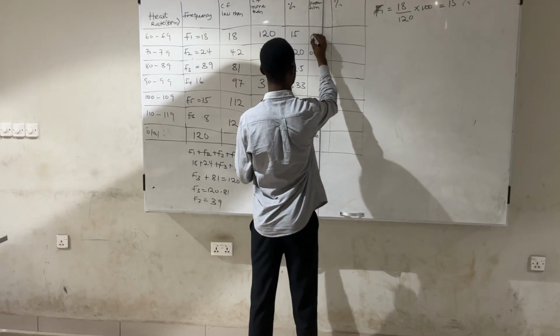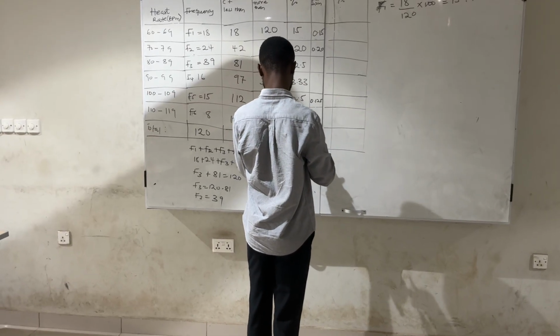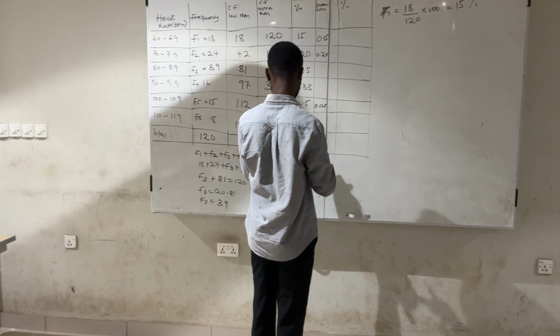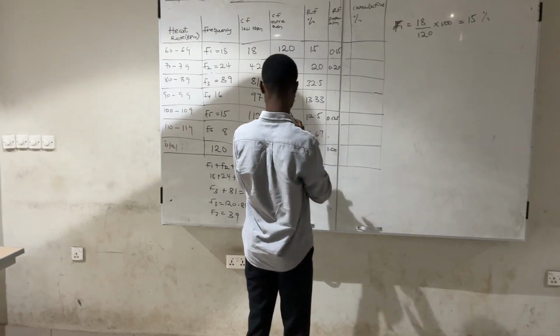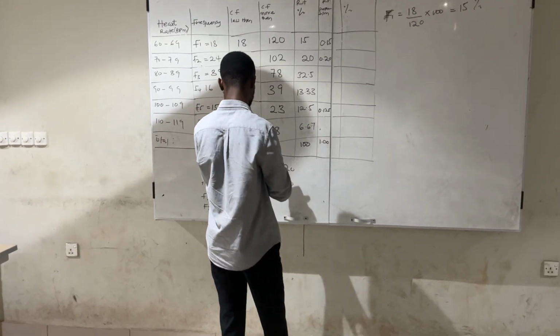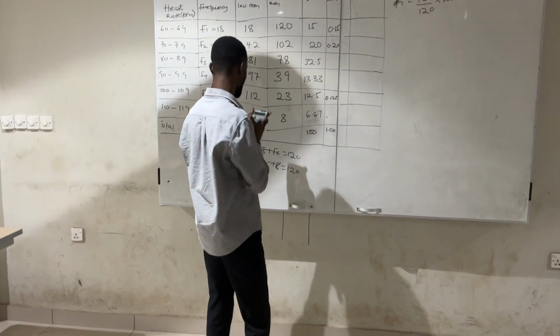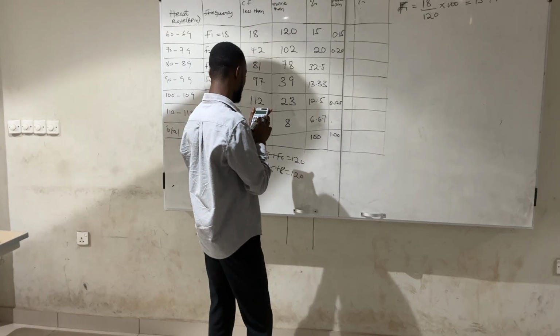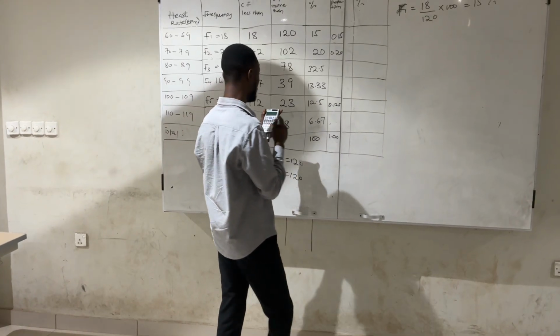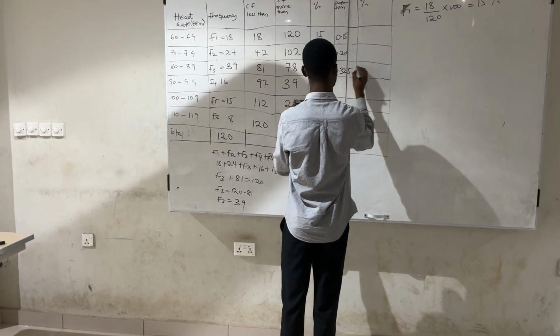0.15. Then 24 is there already, so we move on to 39. 39 divided by 120 will give us 0.325.